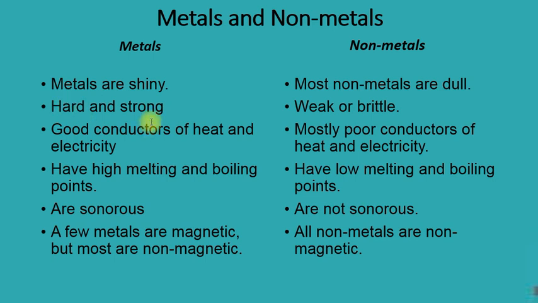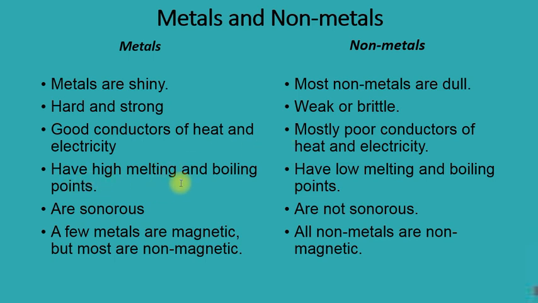Metals are hard and strong, but non-metals are weak or brittle. What is brittle? Brittle means they can be broken easily. Metals are very good conductors of heat and electricity, like copper, aluminium, gold, etc. Non-metals are poor conductors of heat and electricity.